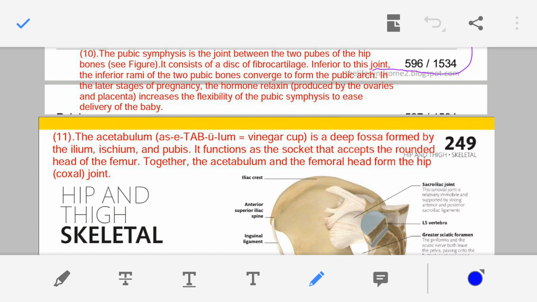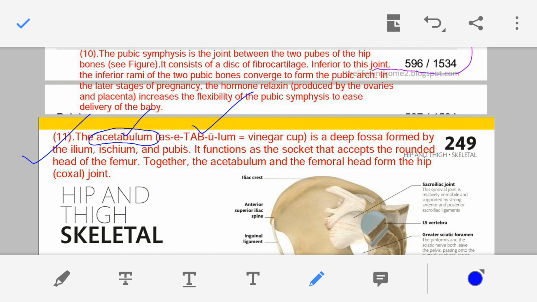Now this point number 11 is regarding the acetabulum. It is difficult to pronounce, so I will say acetabulum, but in reality it is acetabulum.